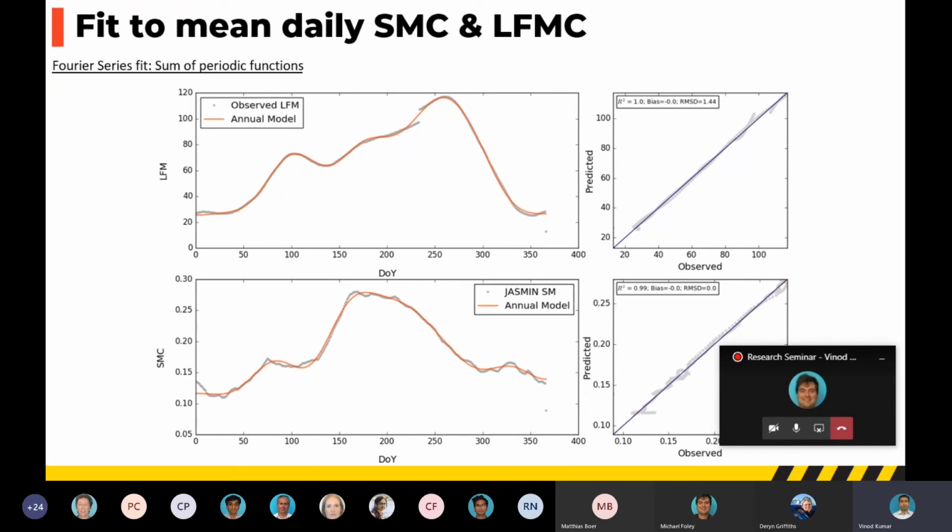Then we remove that annual cycle from the original time series and fit the residuals between the two time series using a simple linear regression model, to see whether the residuals, or the short-term variations in soil moisture content, can predict the live fuel moisture content.